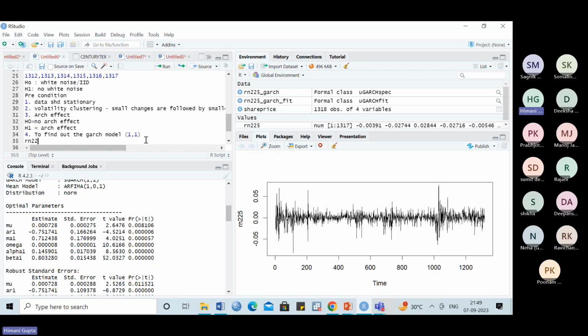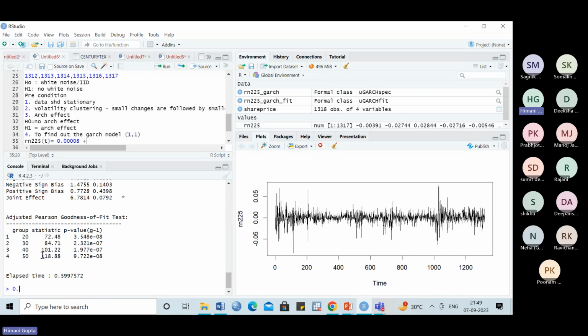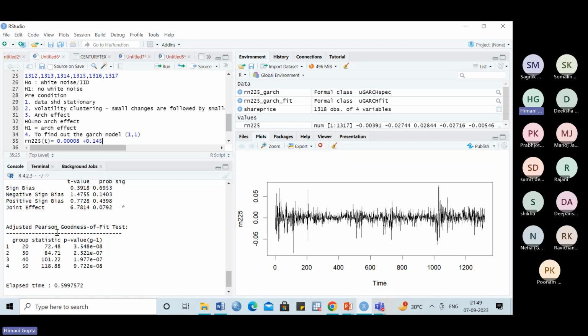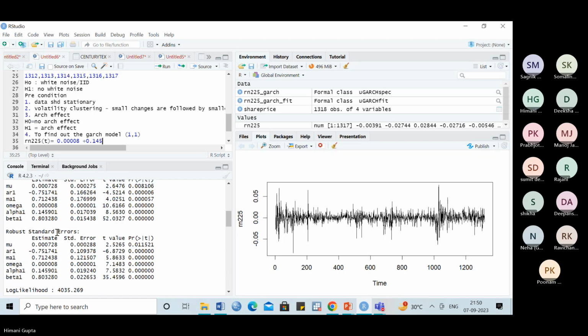So Rn2to5 T, let me write, T is equals to your omega, that means 0.00008, you just see the zeros, plus 0.145901.